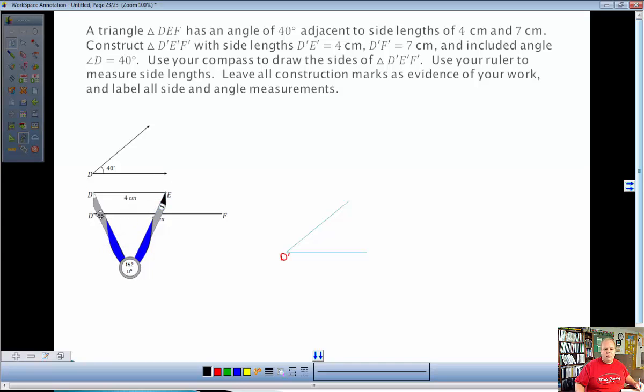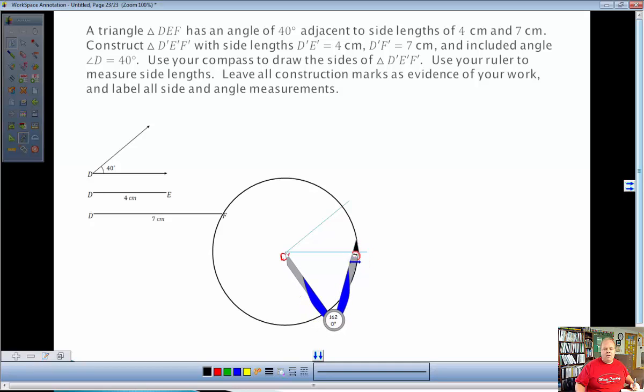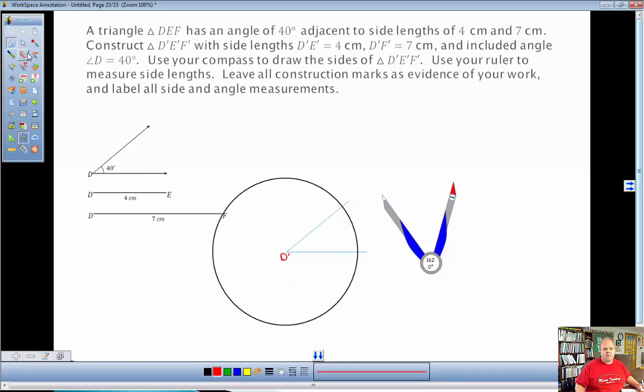Now I'm going to bring that up. There's that angle. This point right here is my D. No, is my E rather, because we already know where point D's at.